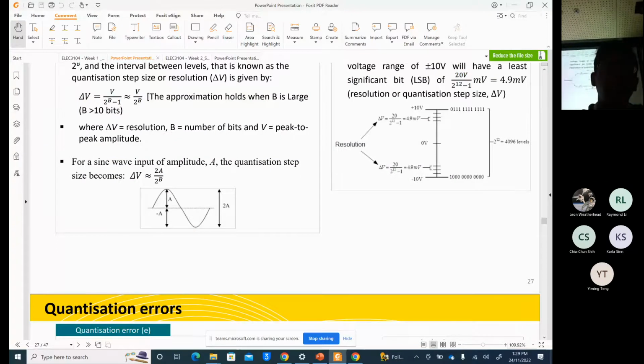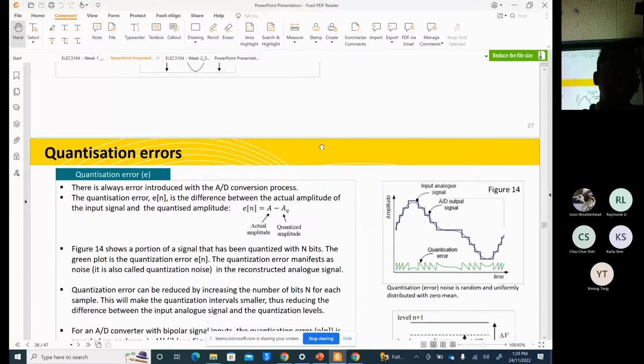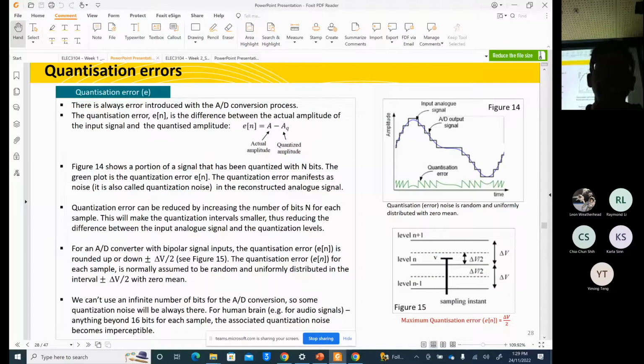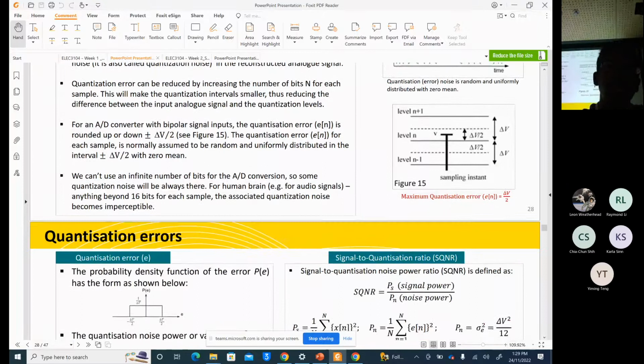This is what I told you, and this is the maximum quantization error, delta V by 2, and then you have the distribution.